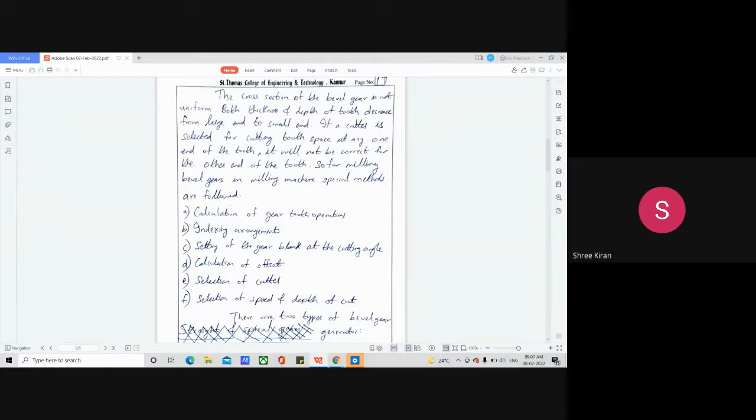Agilam, could you tell me how you relate the selection of speed and depth of cut? How do you relate the selection of speed and depth of cut?